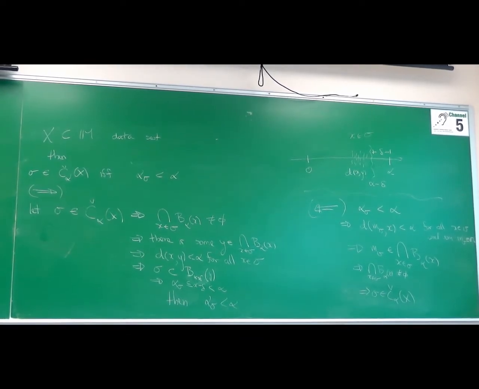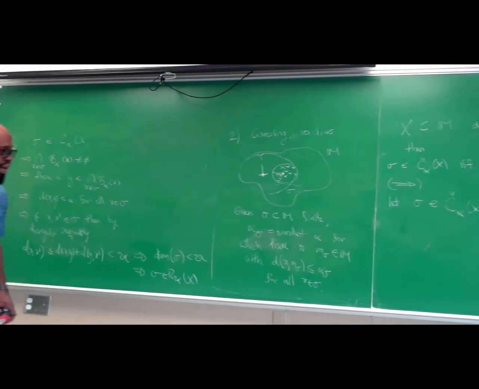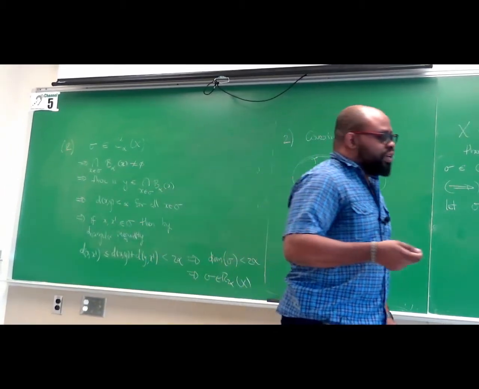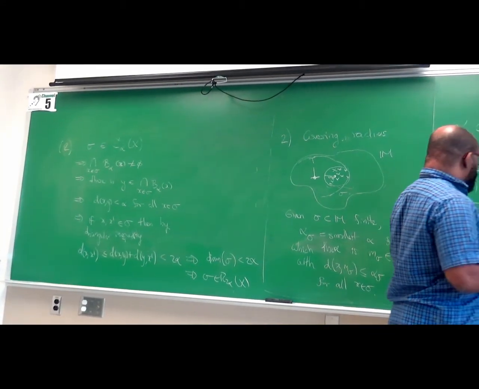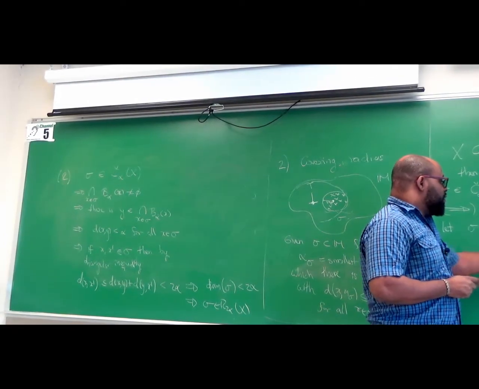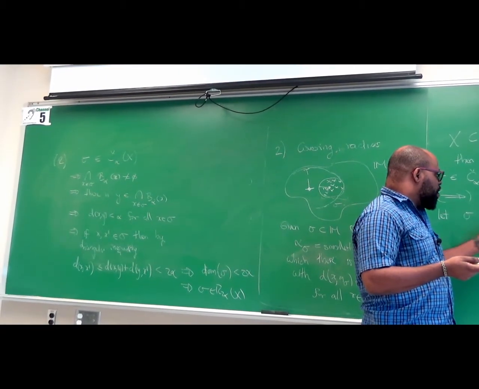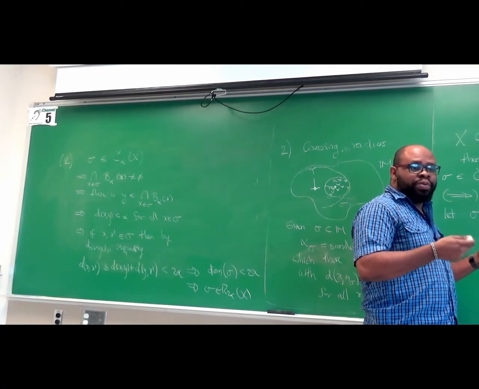I like question 2 because it gives us a sort of algorithmic condition for a simplex to be in the Čech complex, correct? So if you wanted to build this algorithmically, what do we have to check? We have to check that the covering radius is less than alpha, okay? So if you really wanted to compute the Čech complex.